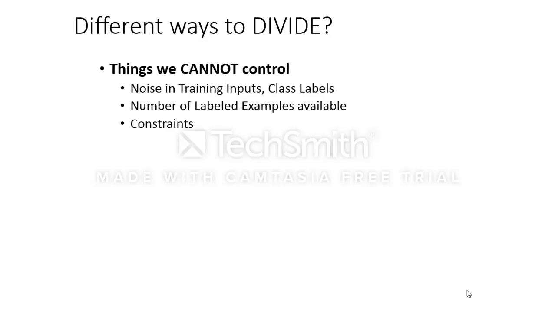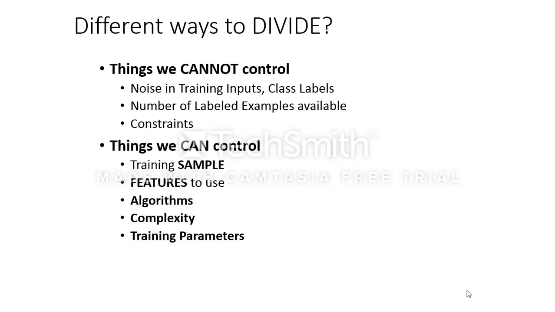First, let us look at things we cannot control in a model and things we can control. Things we cannot control are like noise in the training inputs and wrong labels. We cannot control that, and there are some constraints which are going to be there which we cannot control. But what we can control is the training sample, the features that we are going to use in the model, we can change the model itself, like the algorithm itself, we can change the complexity of the model, and we can change the training parameters.